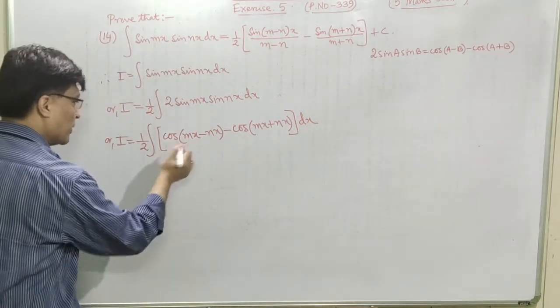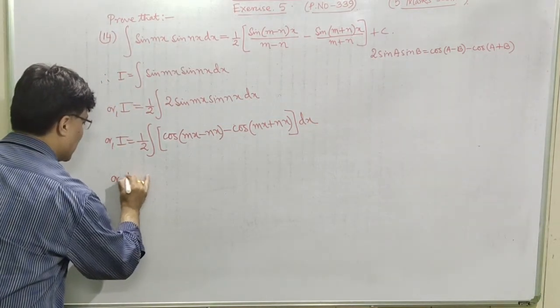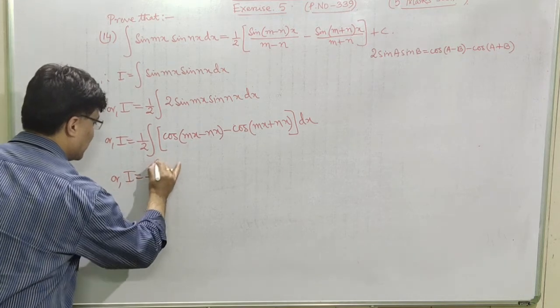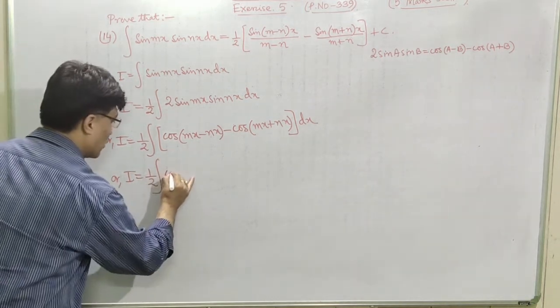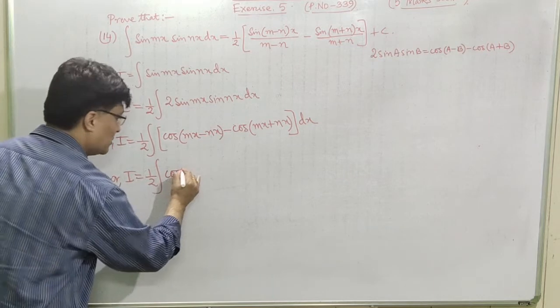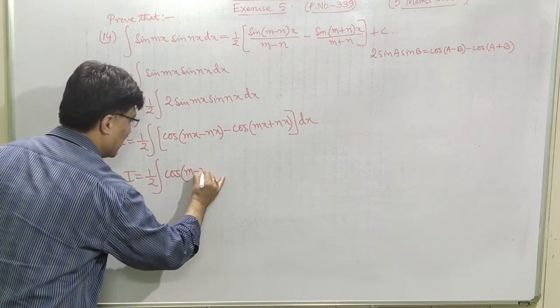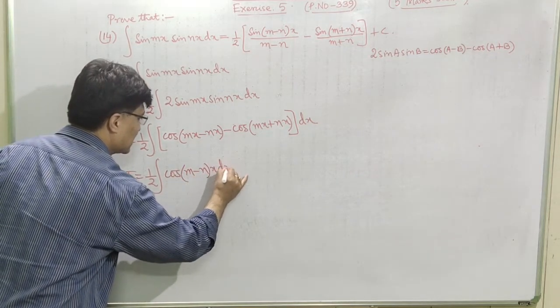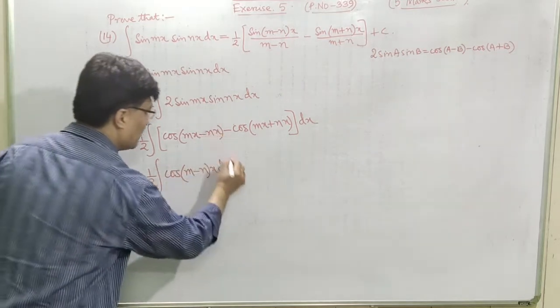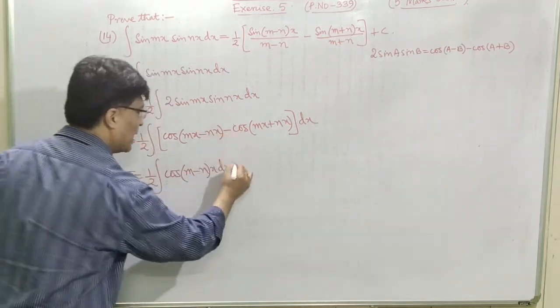Okay, so we can separate it. Or I is equal to half integration of cos of, here x is common, so within bracket (m minus n) into x, dx.